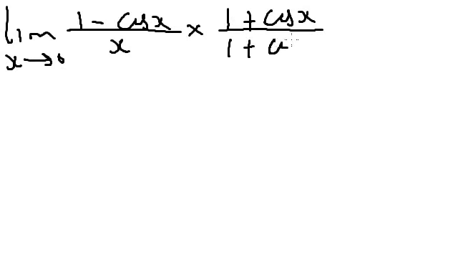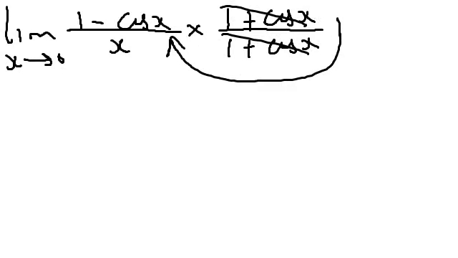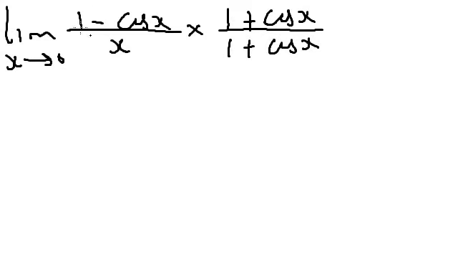1 plus cosine x. So this is as if I've not done anything different, because this cancels out and becomes 1. And 1 multiplied by the whole expression is still the expression. So we are still doing maths. Now let's expand the numerator, but leave the denominator as it is.